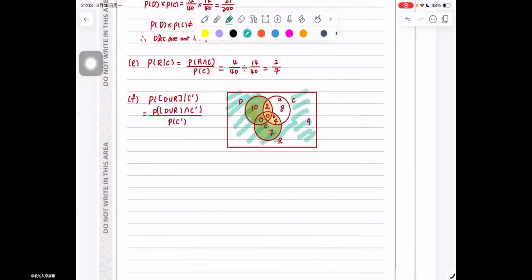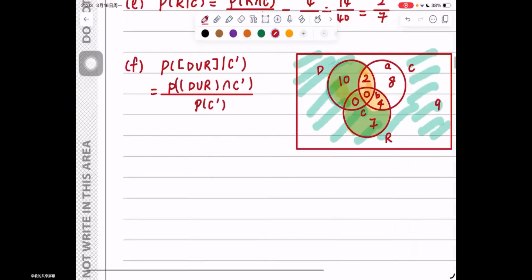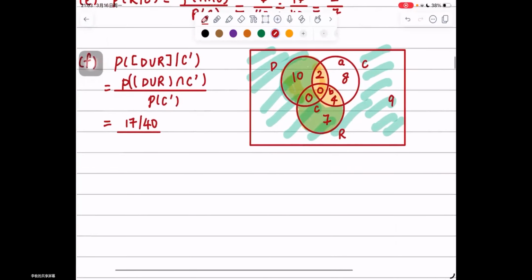Okay, and so the numerator is equal to 10 plus 7 divided by 40, so it's 17 divided by 40. And then C complement is 17 plus 9 equal to 26 divided by 40, and we get 17/26. So that's the answer.